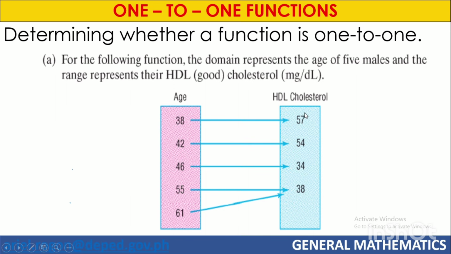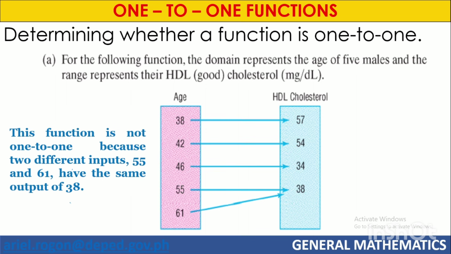38 is paired with 57, 42 is paired with 54, 46 is paired with 34, while 55 and 61 are paired with 38. So, what do you think? Is that one-to-one or not? Pero, sabi sa definition natin a while ago that your y values are never paired to two different x values.